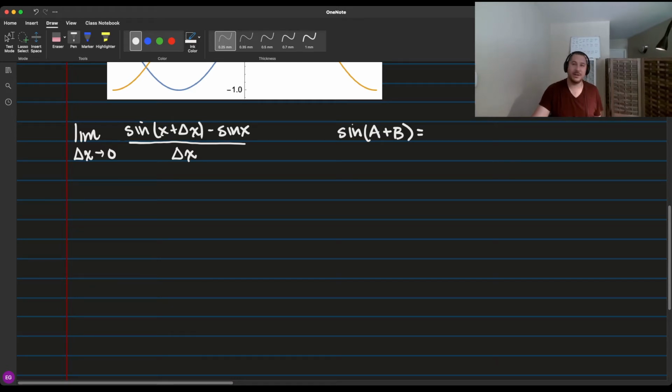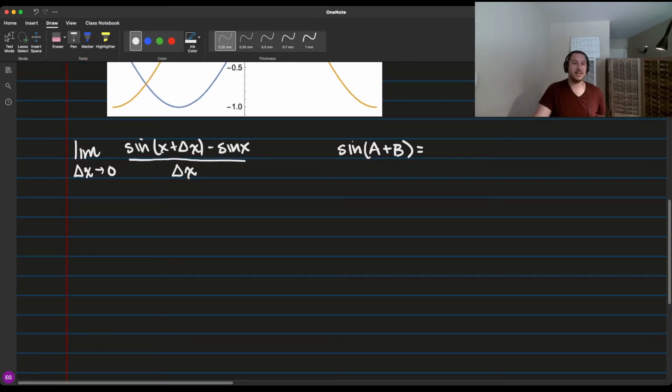Does anyone remember the trig identities? If you want the sine of a plus b, what can you rewrite that as? Yes, it is the sine of a times the cosine of b plus the cosine of a times the sine of b.